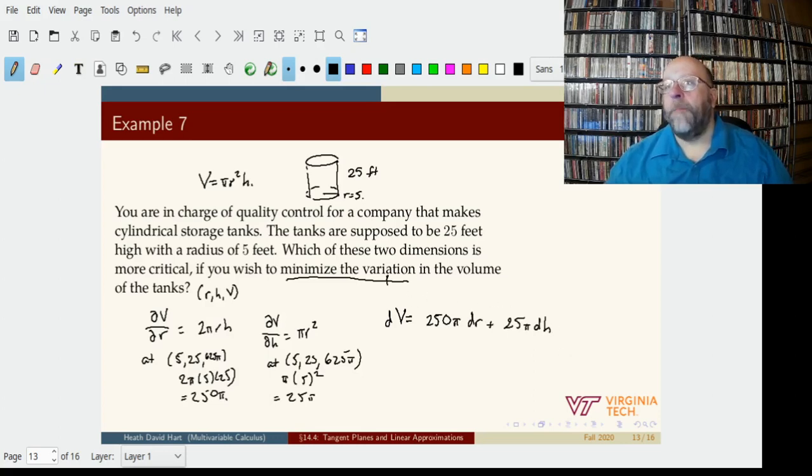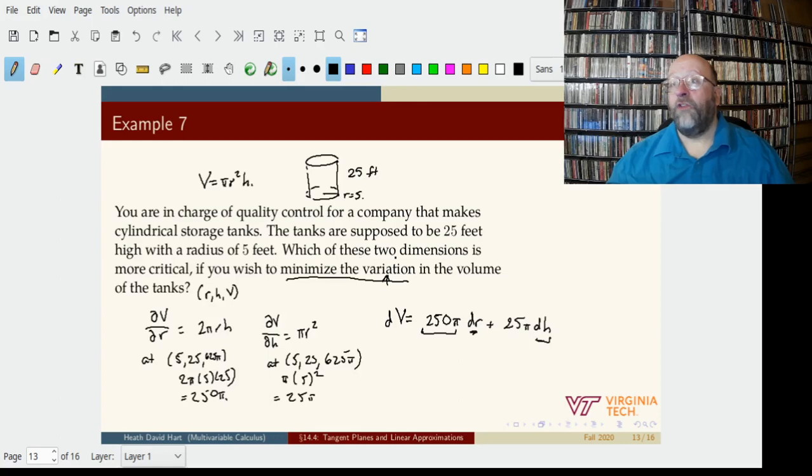If we want to minimize the variation, we want to keep the change small. What I notice is that for every unit the radius changes by, the volume goes up by 10 times as much as for every unit of change in the height. If the height varies by a little bit, the volume will change by 25 pi for every unit variation in height. But if the radius varies, the volume goes up by 10 times that amount, 250 pi for every unit variation in the radius.